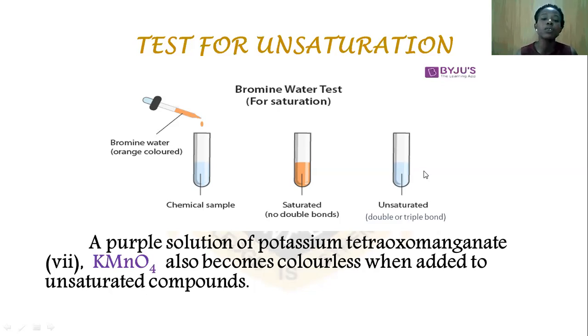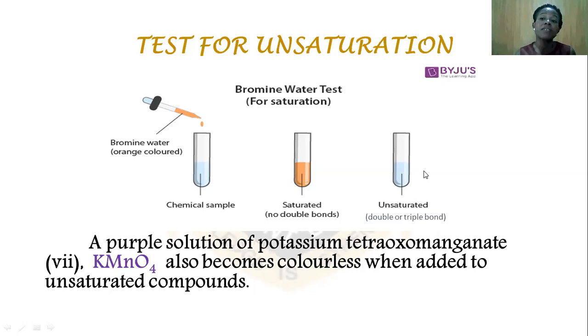Another test that can be used is also potassium tetraoxomanganate 7. It also decolorizes in the presence of unsaturated hydrocarbons. But the problem with potassium tetraoxomanganate 7 is that it's also used to test for reducing agents, and they give the same result. Reducing agents decolorize potassium permanganate, which is potassium tetraoxomanganate 7.